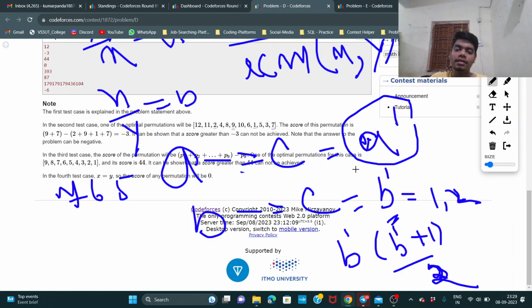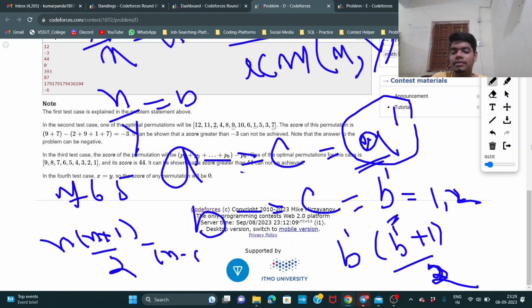And how do you find the sum of this number starting from the last? Just find n into n plus 1 by 2, and then subtract what? Okay, let me write this thing clearly, bro.